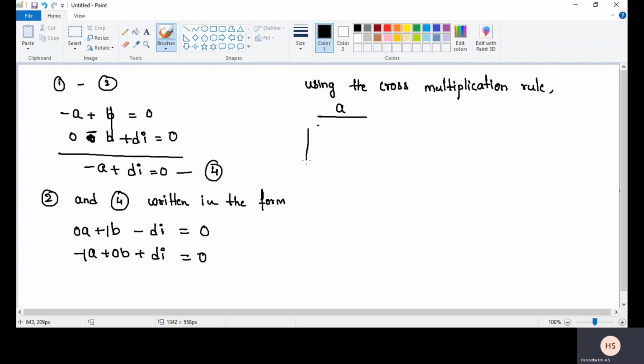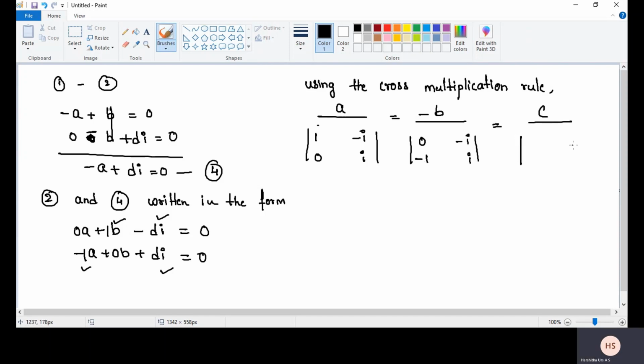a divided by determinant of, for a these two columns we have to see, only we have to write the coefficients. 1 minus i, again 0 i, alternate sign, minus b, determinant of, here a and d column, 0 minus i minus 1 i, that is equal to c divided by determinant of, here a column and b column, 0 1 minus 1 0.